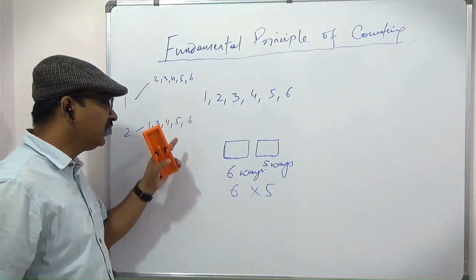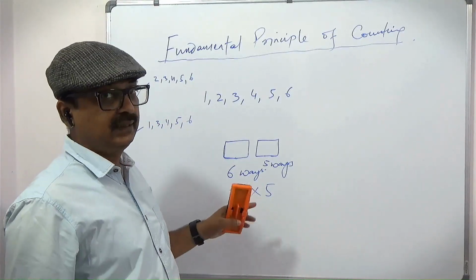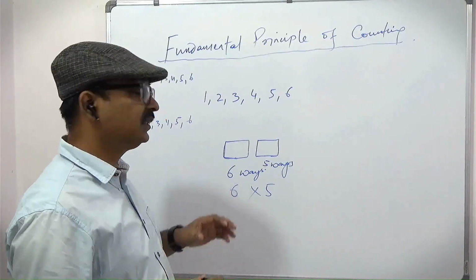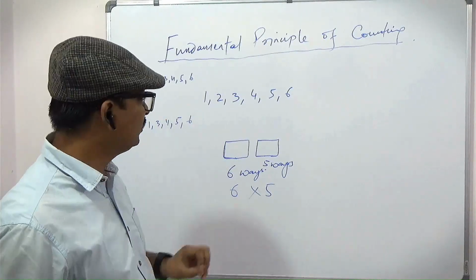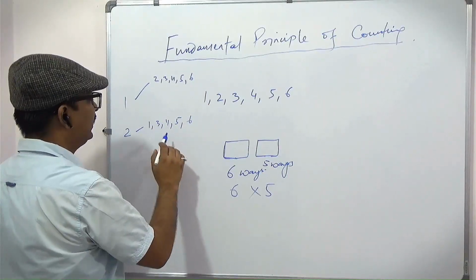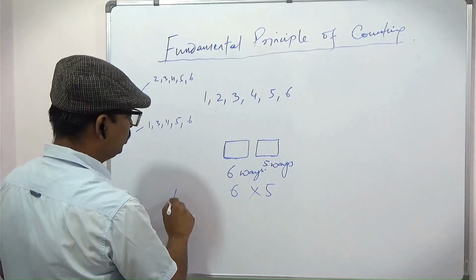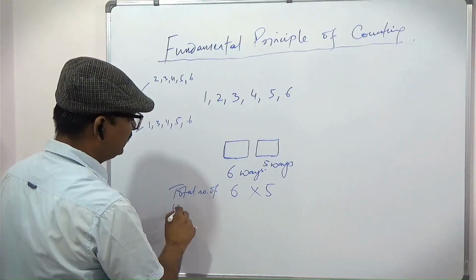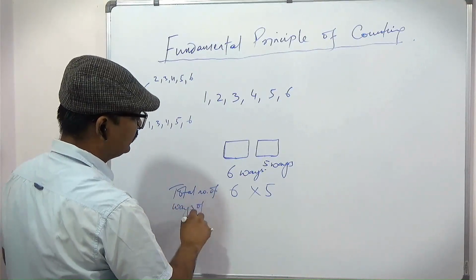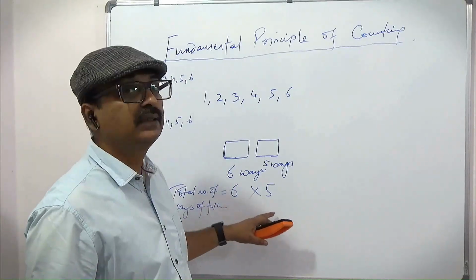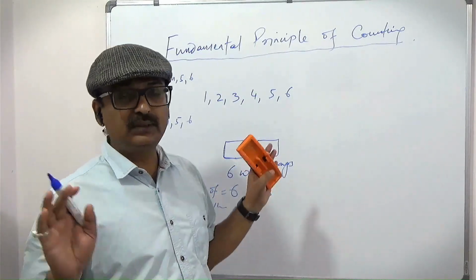So the total number of possibilities, which in the terminology of permutation and combination is called occurrences, is 5 plus 5 plus 5, so this will be 6 cross 5. So the total number of ways of filling these slots is 6 cross 5. Okay, this is clear to you.